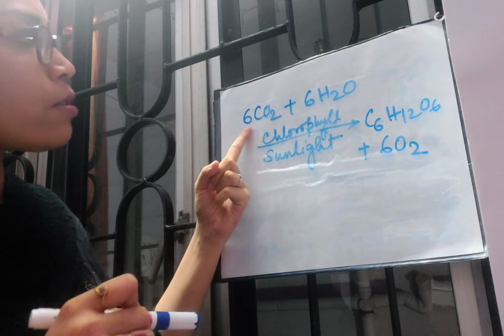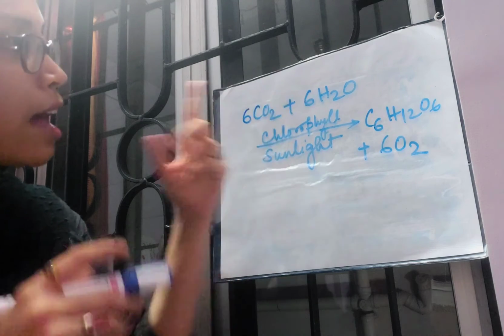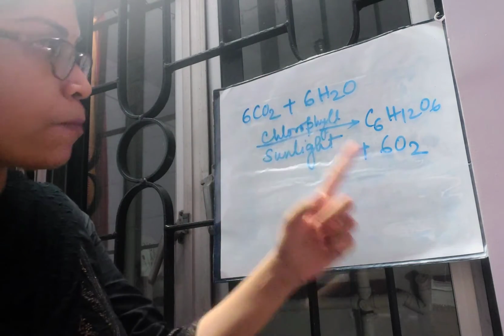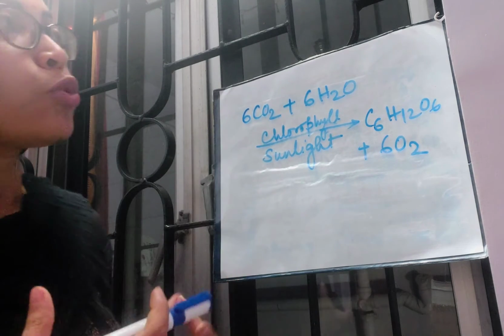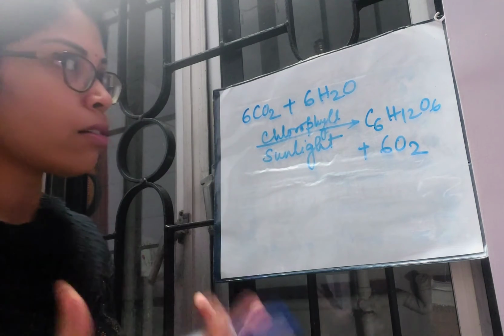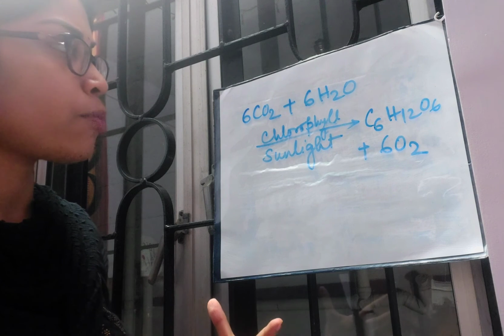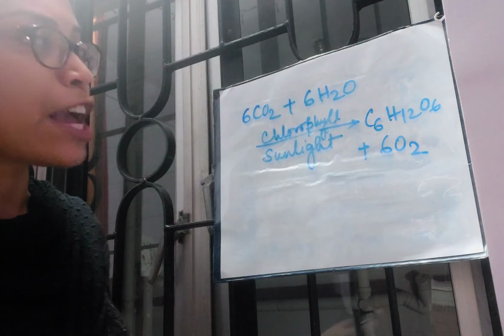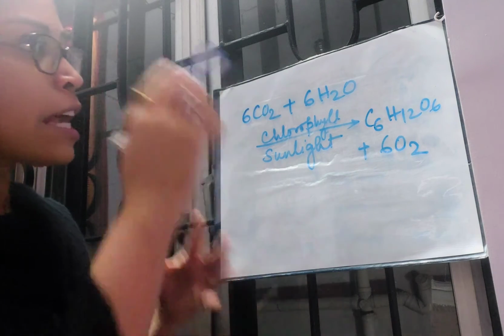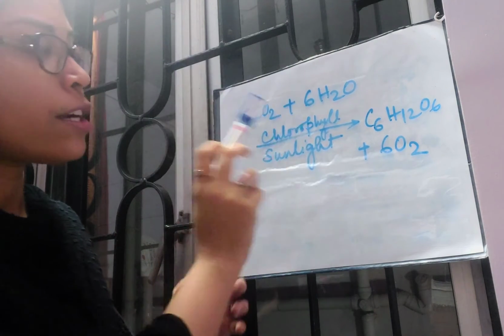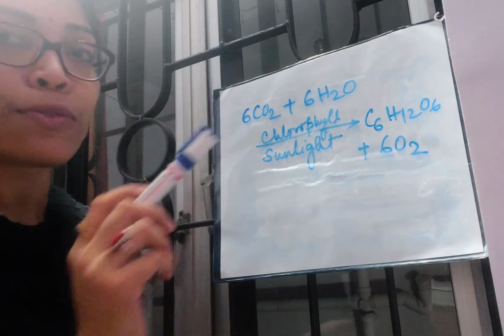It means 6 molecules of carbon dioxide along with 6 molecules of water. These two are taken from the atmosphere. Carbon dioxide is taken through the stomata from the atmosphere. 6 molecules of H2O are taken from the soil through the root hairs, in presence of chlorophyll, which is already present in the leaves, and sunlight falling on the leaves.